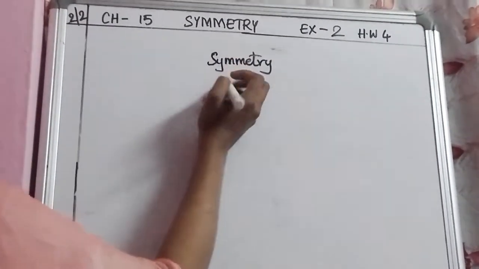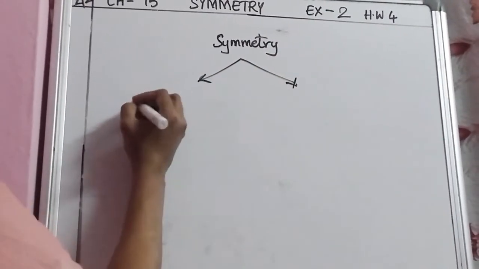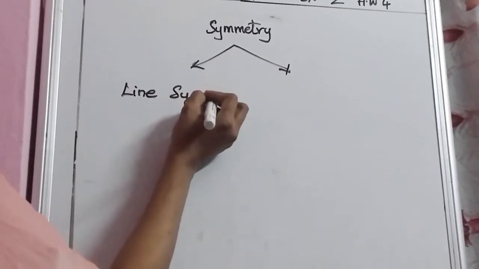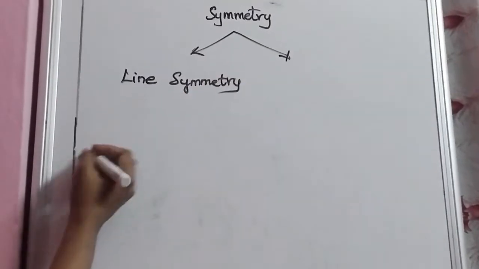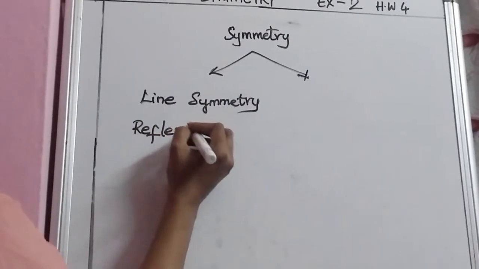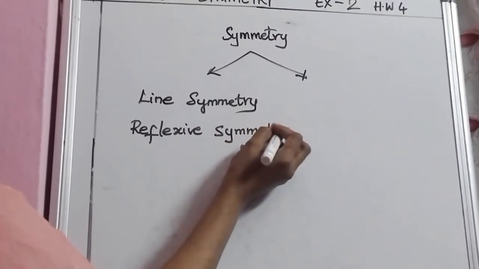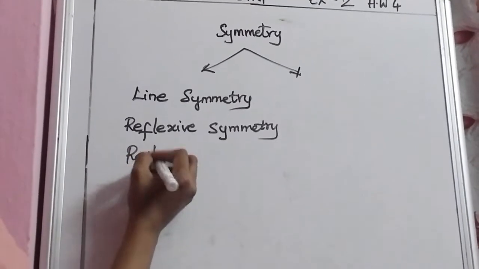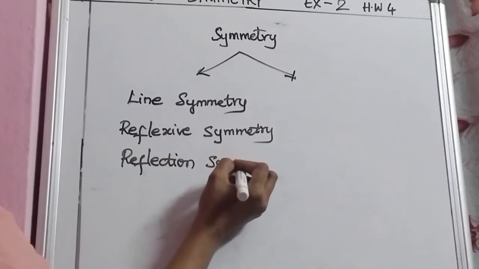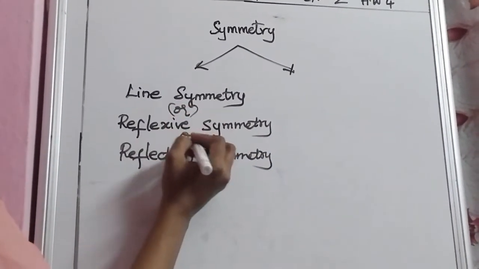So for symmetry, you have 2 ways of finding it out. The first one is line symmetry, which we have learnt in exercise 1 and 2. This is also called reflexive symmetry or reflection symmetry. Okay, reflection symmetry. So all these are same, or this or this or this.